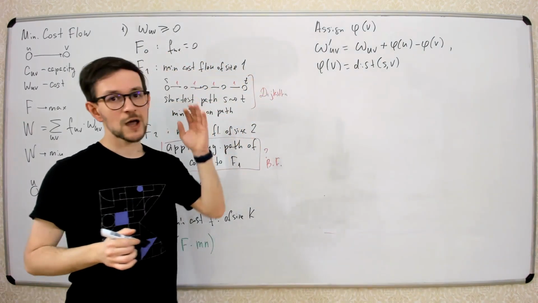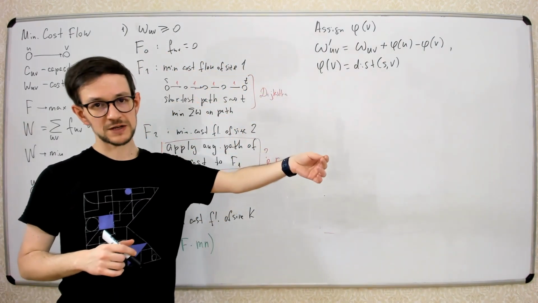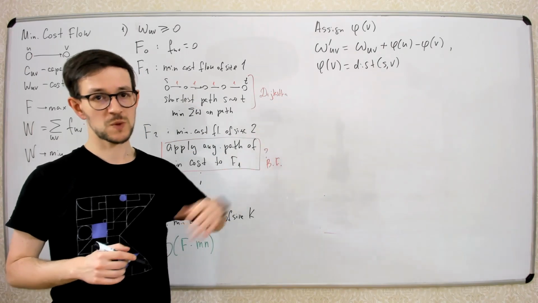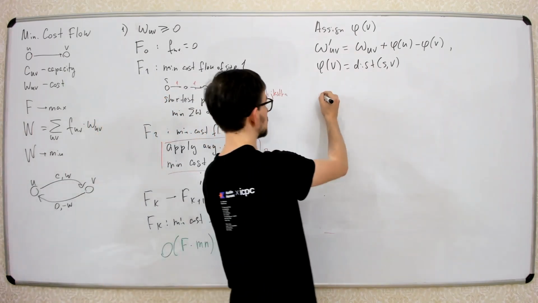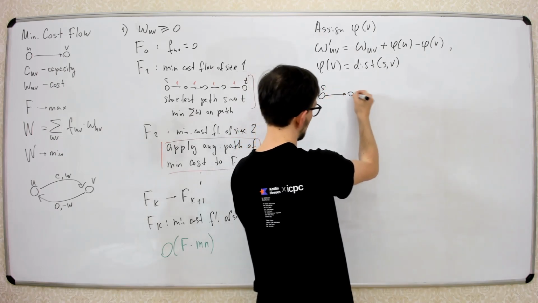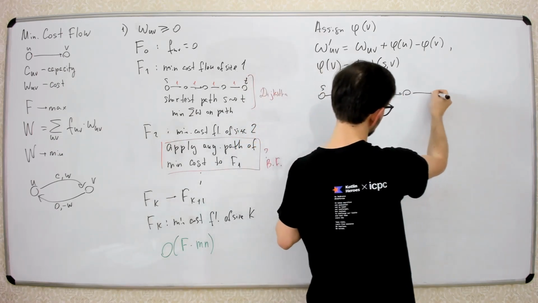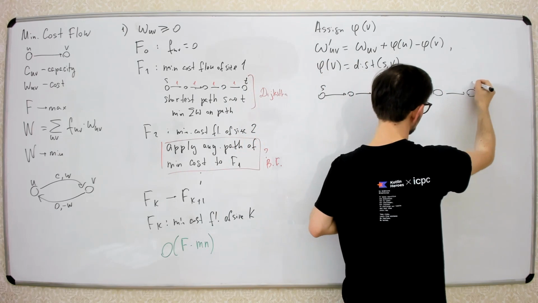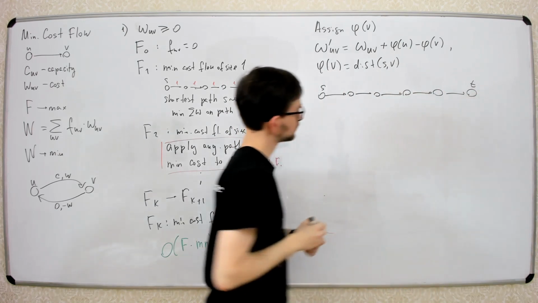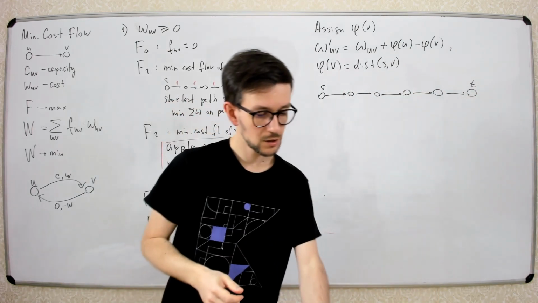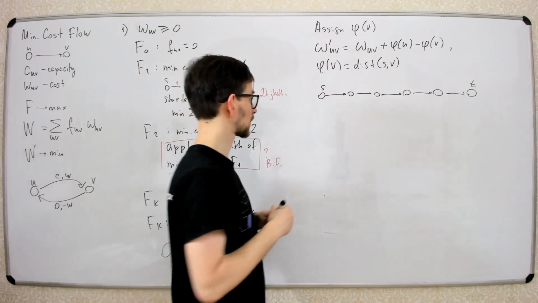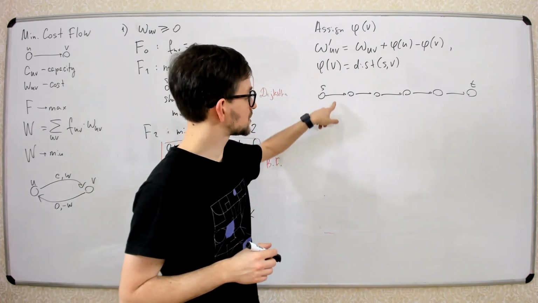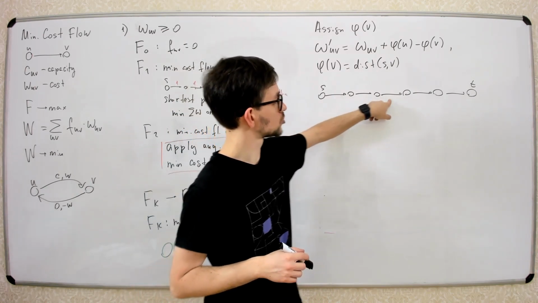Now, what will happen if I find the shortest augmenting path and then apply this shortest augmenting path? Let's look at the shortest augmenting path. So I have this S, and then I have, so this is the shortest augmenting path, the shortest path from S to T. What is the modified cost of all these edges?